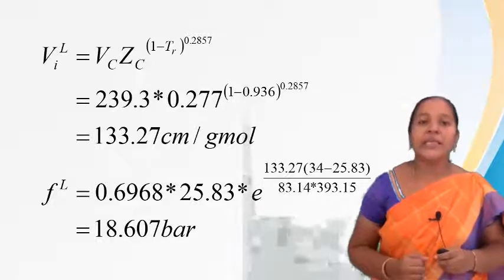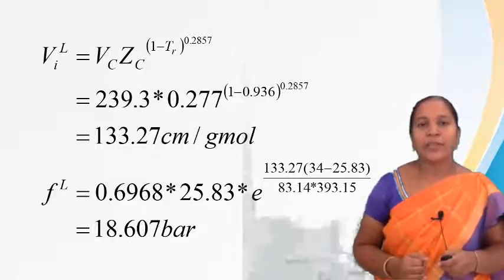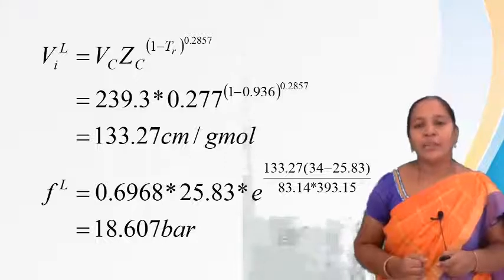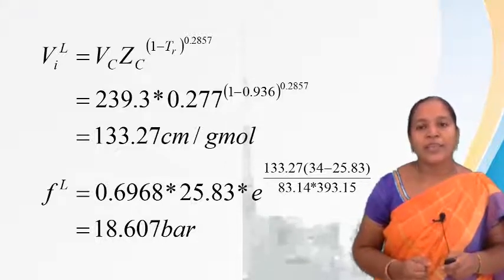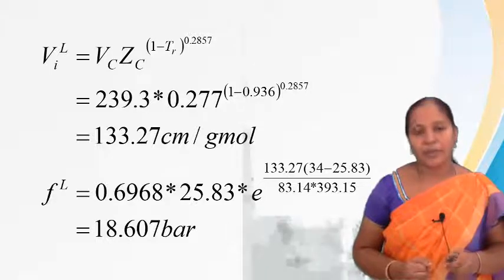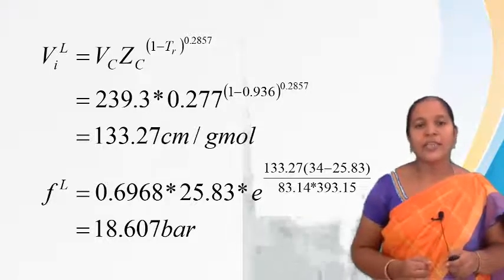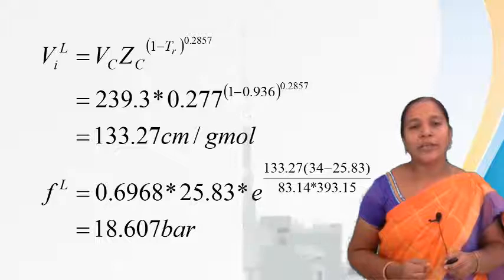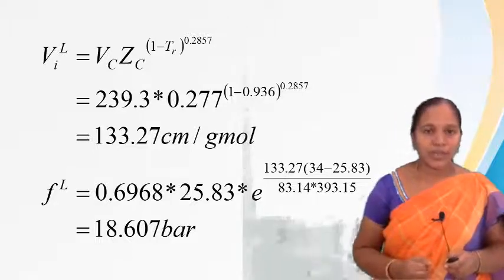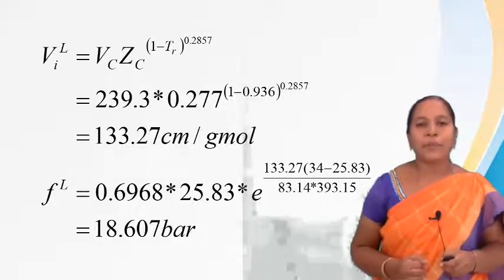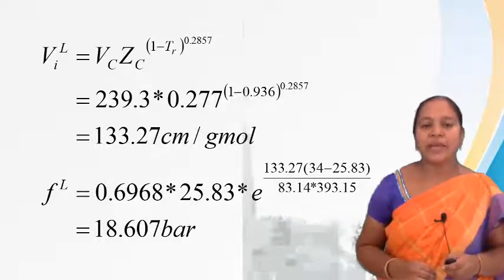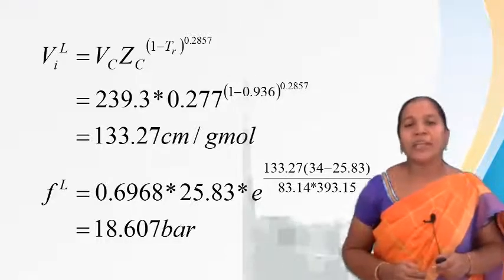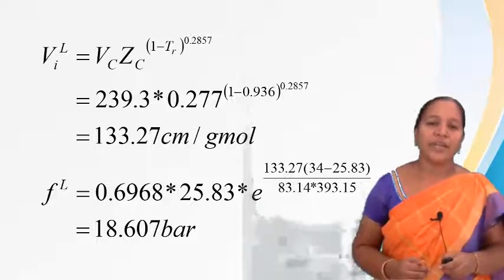In this given problem, we have to calculate the fugacity, that means the liquid fugacity. That is phi sat into P sat e power V into (P minus P sat) by RT. Here, initially, we have to calculate the fugacity coefficient from BP by RT. B is calculated from BPc by RTc is equal to beta naught plus omega beta dash.